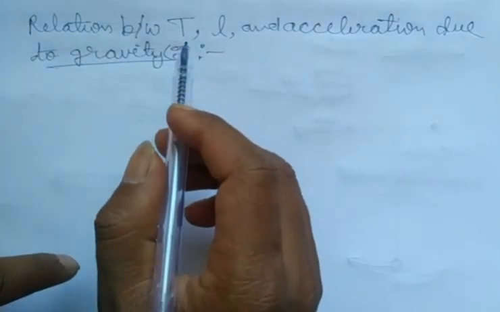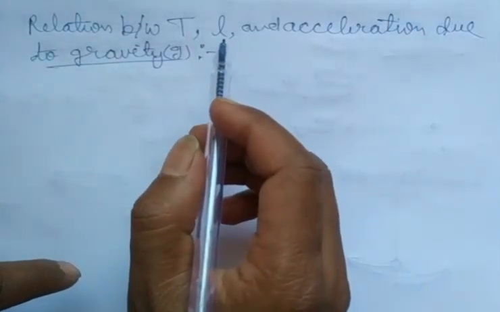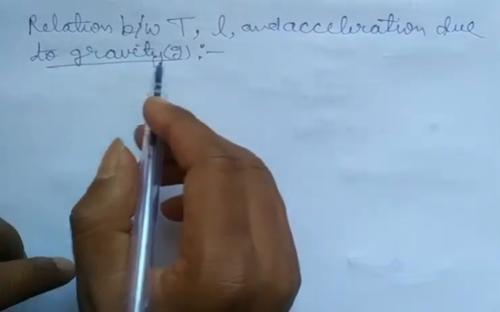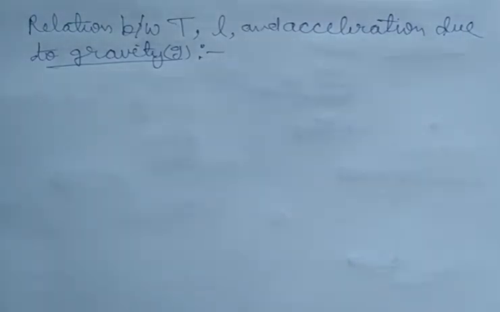Relation between time period, length of pendulum, and acceleration due to gravity, which is denoted by small g. Well, actually, you people right now don't know much about acceleration. Acceleration means how much rate speed is increasing, and it is somewhat related with force also. So we all experience gravitational force.